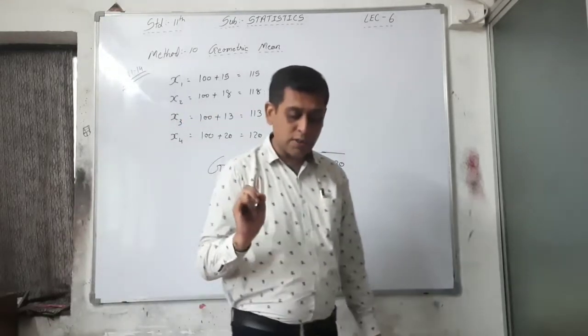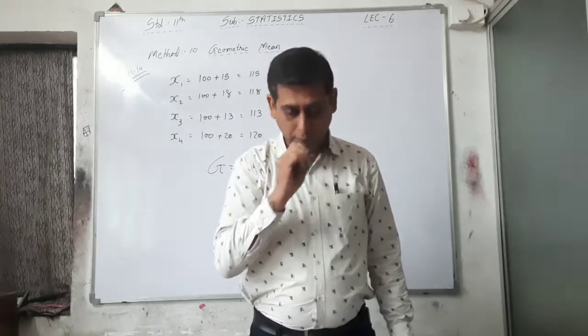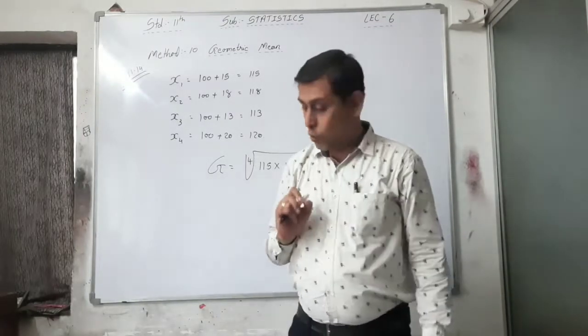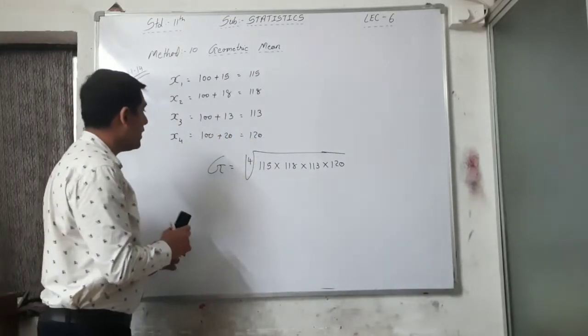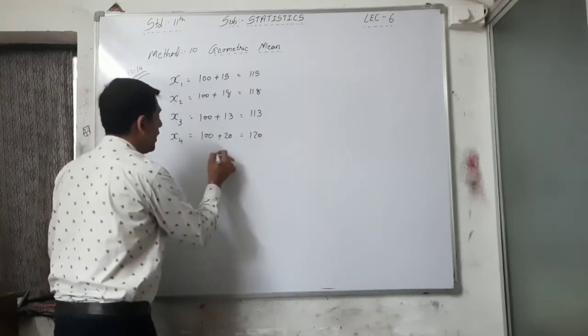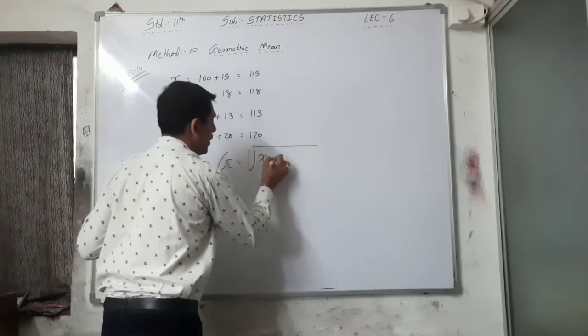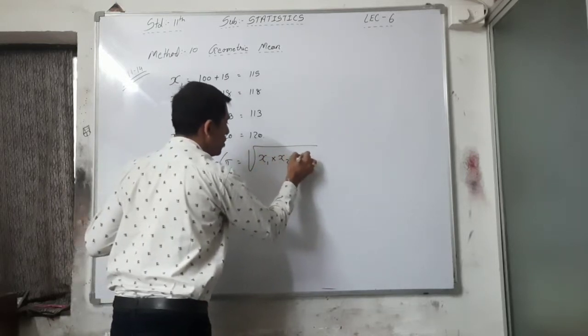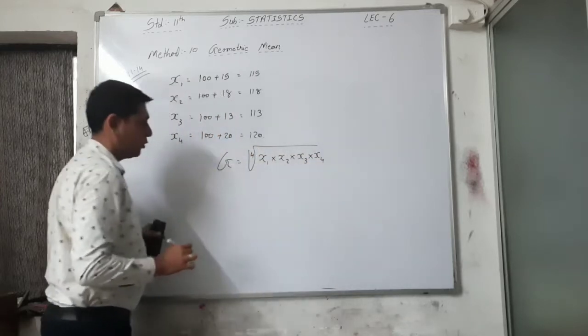So we have to first multiply those 4 observations, and then we can find the square root 2 times, and we can find the geometric mean. See, first of all we have to write the formula. G is equal to the 4th root of x1, x2, x3 and x4.